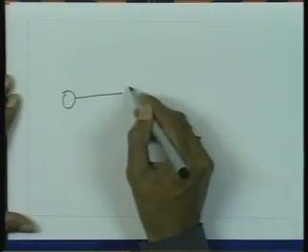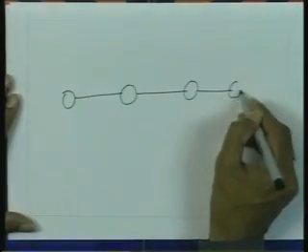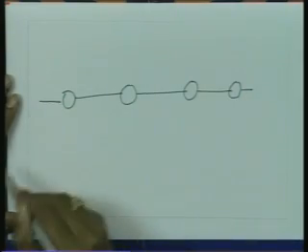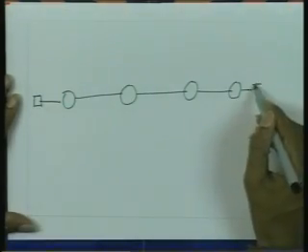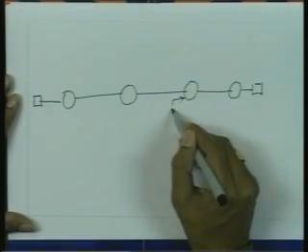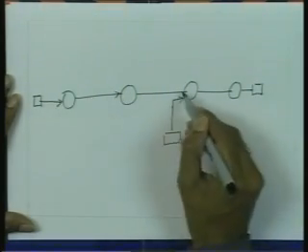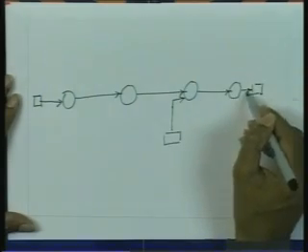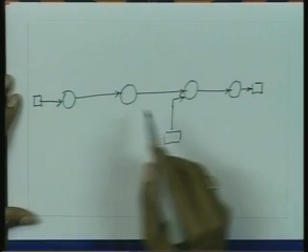Now, let us say you have an ATM network where you are establishing a virtual circuit from here to here, and some of the calls could be added from here as well.